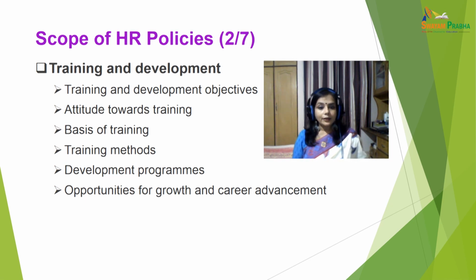Then attitude towards training. What kind of attitude is there of the top management or the line managers? What do they want to gain out of the training and development program? Are they really interested in developing the employees or their knowledge, or just to finish off their budgets? That should be very clear.